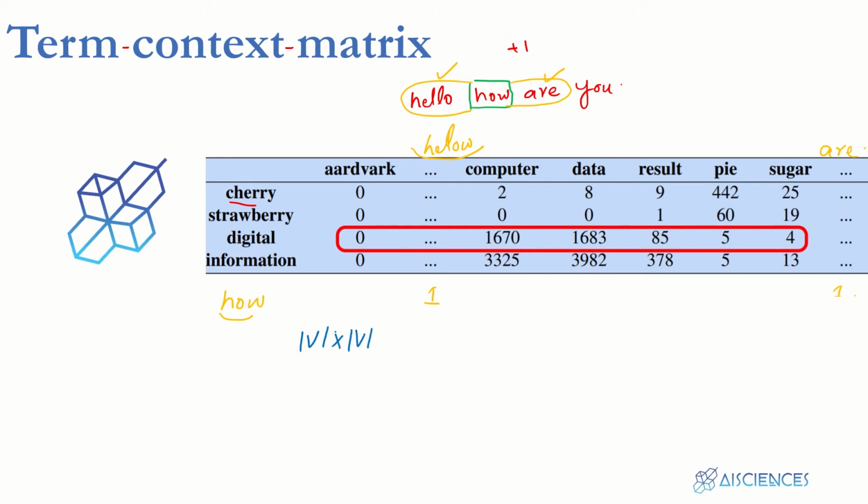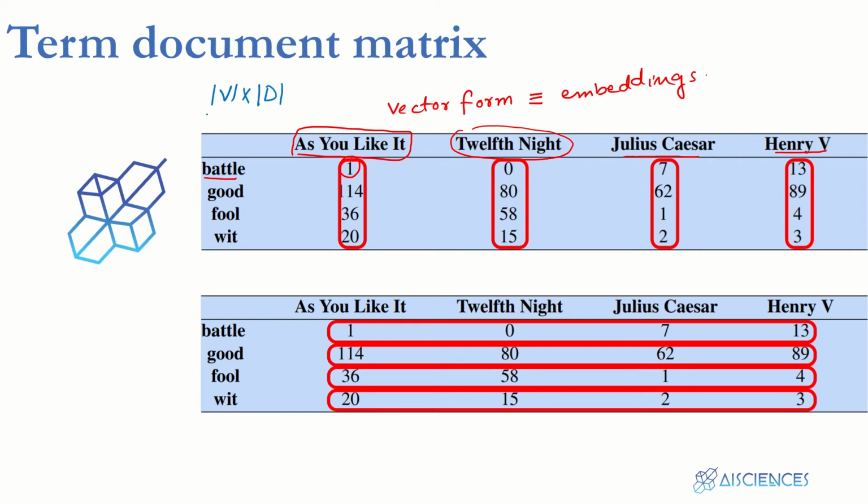It turns out that the actual embeddings, or the vectorized forms of the words, can be achieved in smaller subspaces as dense vectors. Particularly in these term context matrices, the representations are really sparse. And in term document matrices, if the number of documents is really large, then you have huge dimensional vectors, whereas lower dimensional subspaces exist in which the words can be represented, even ideally without loss of any information.